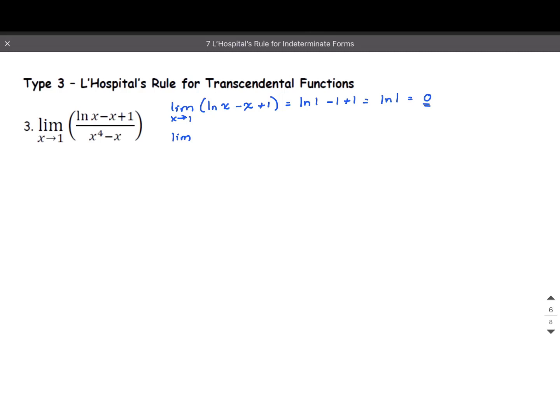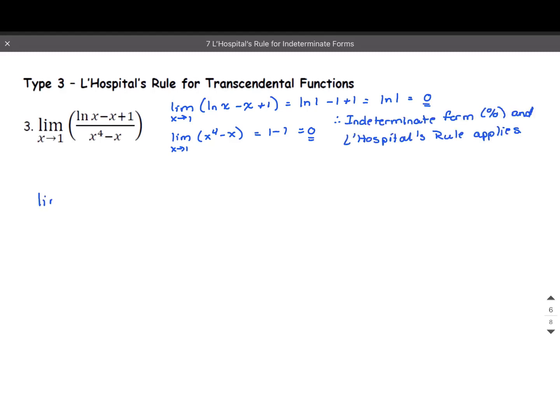Now if I take the limit as x approaches 1 of the bottom, x to the 4th minus x, we get 1 minus 1, which is 0. So again, we have an indeterminate form, and L'Hopital's rule applies. So that means that this limit as x approaches 1 of the natural log of x minus x plus 1 over x to the 4th minus x is going to equal, we're going to keep the limit as x approaches 1, but now we're going to take the derivatives.